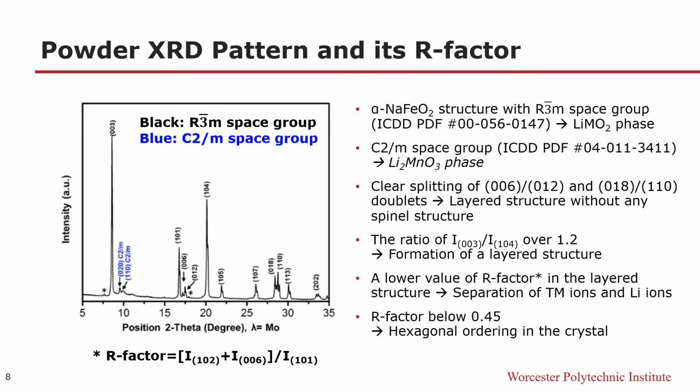The intensity ratio of 003 and 104 is over 1.2, which is also an indication of layered structure formation. Finally, the R factor for this material is below 0.45, which demonstrates the hexagonal ordering in the crystal.